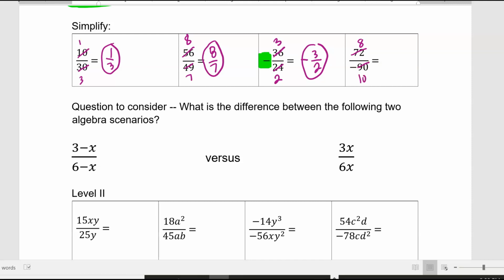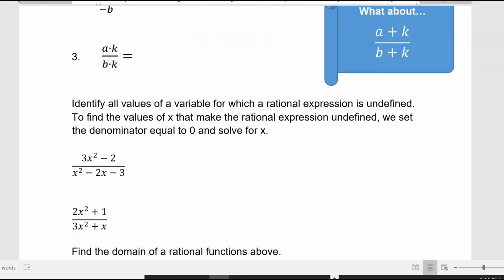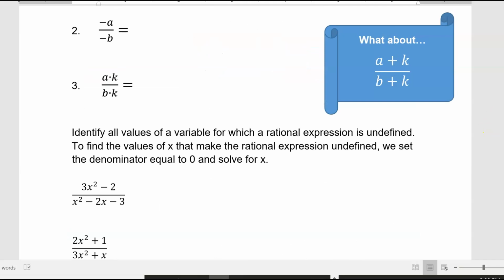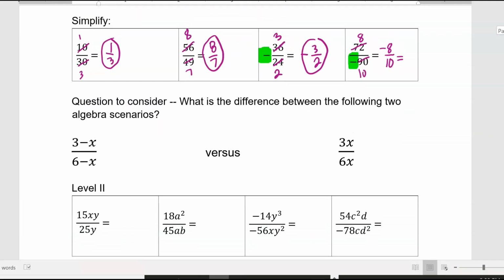But here's what I want you to see. See how that negative is in the denominator? Please move that up. All right. But I'm hoping you will also notice that it's not reduced all the way down. So really it ends up being -4/5 because 8 and 10 have 2 in common. So the final answer is -4/5.